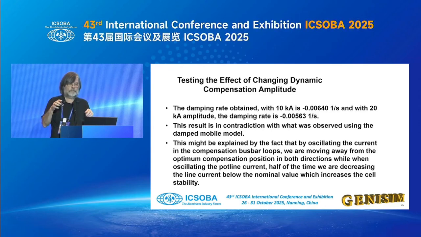Here, I'm oscillating the compensation loop, but the optimum position is 30 kiloamps. And so if I go to 20, it is not as good. If I go to 40, it is not as good. It's overcompensation. The other one is undercompensation. So the result of this is that too big an amplitude is not improving the stability.